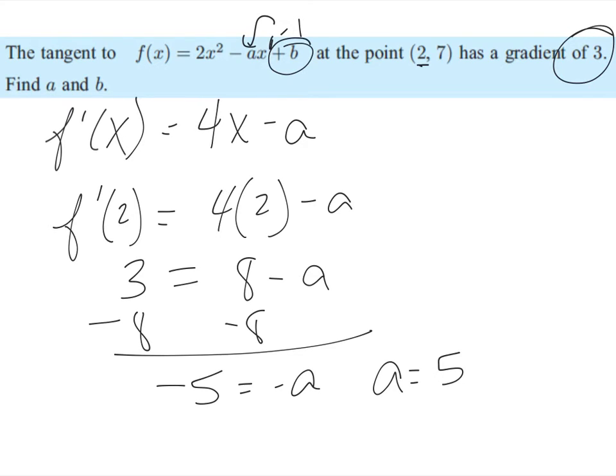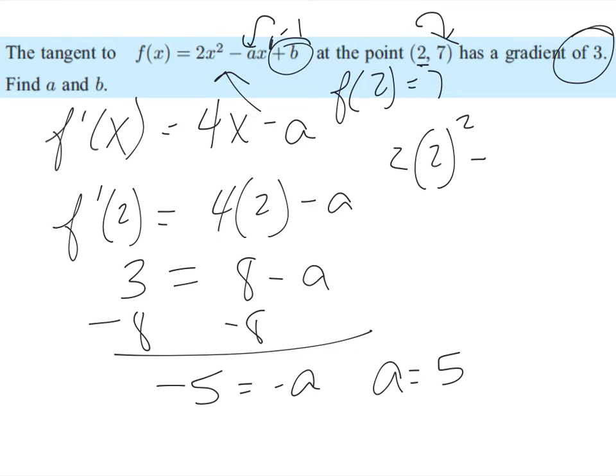Now we go back and we know here that f of 2 equals 7, because when x is 2, y is 7. So we go in and we plug that in the original equation, 2 times 2 squared minus a, which is 5, times x plus b, and all of that is equal to 7 because f of 2 is 7.